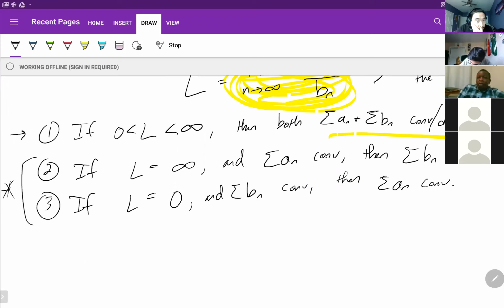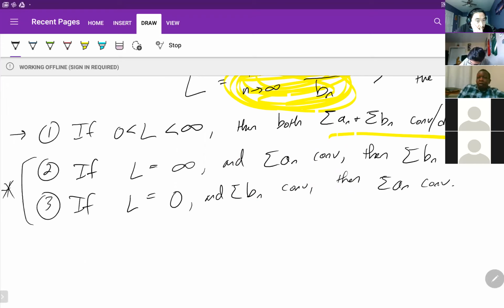So if L is equal to infinity, and we know L is this guy right here, let's dissect this a little bit. If L is infinity, what needs to occur? Let me finish my sentence.